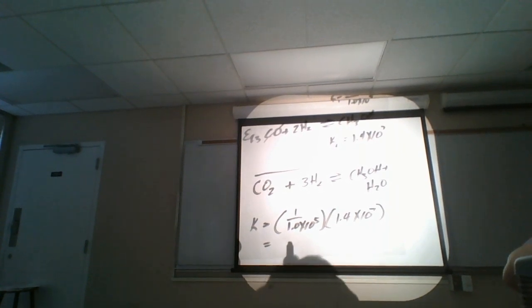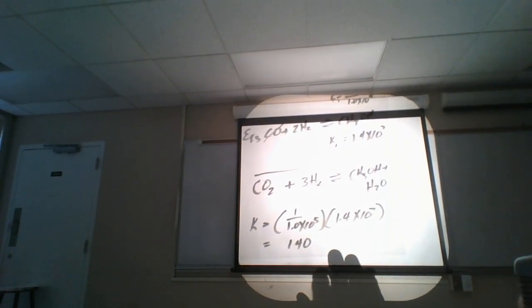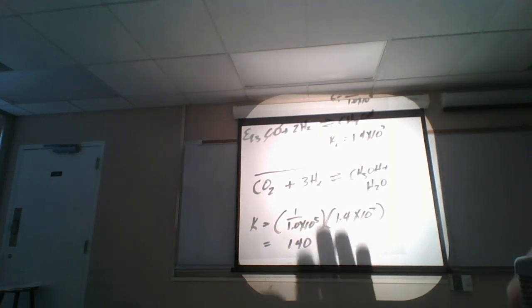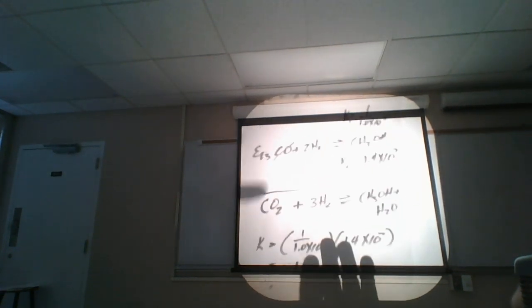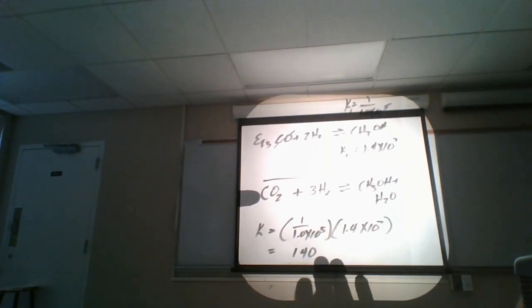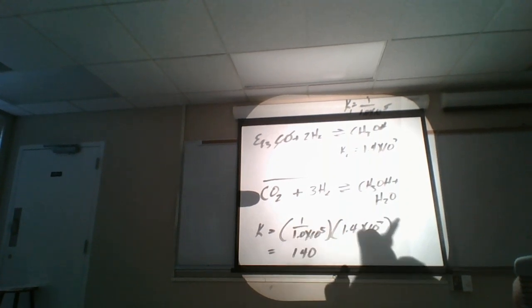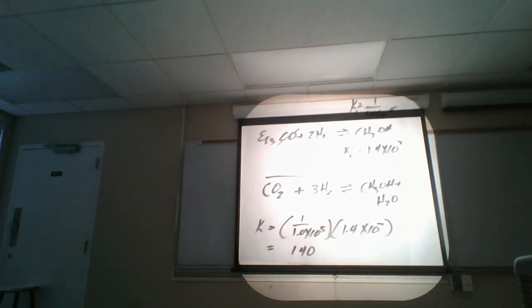So K for this reaction is 140. So when you add equations, you multiply the K's. Bottom line: you add two chemical equations to get a third equation, the K for the third equation is the product of the other two K's. Got it?